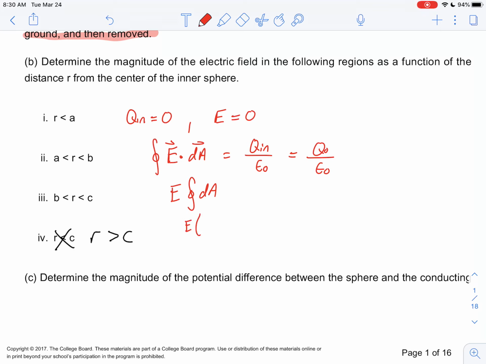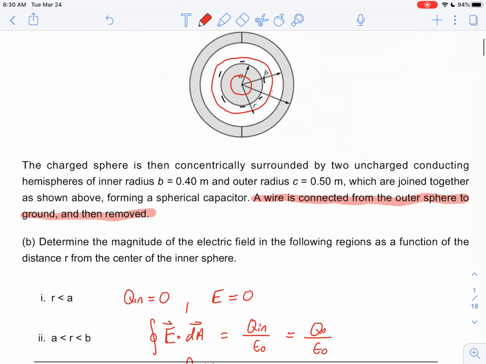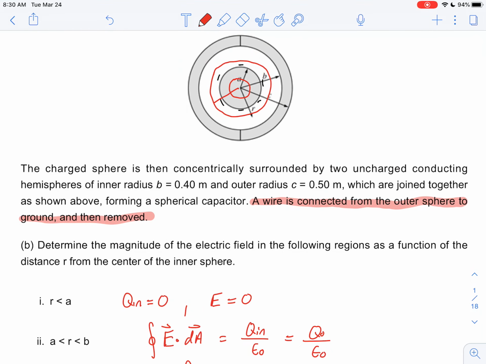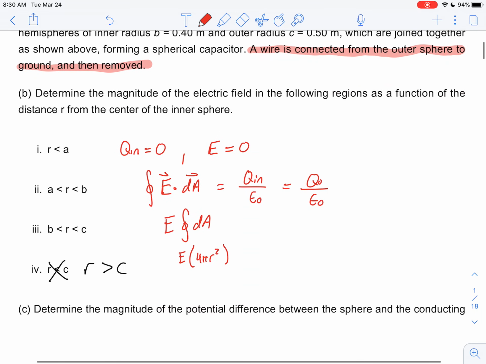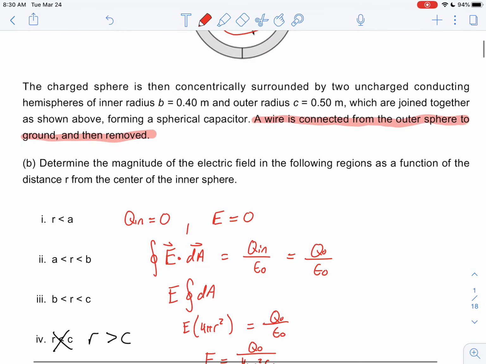So this will be E times 4 pi r squared, which is the surface area of a sphere of radius r. So this thing has radius little r, is equal to Q naught over epsilon naught, and then we get E is Q naught over 4 pi r squared epsilon naught.